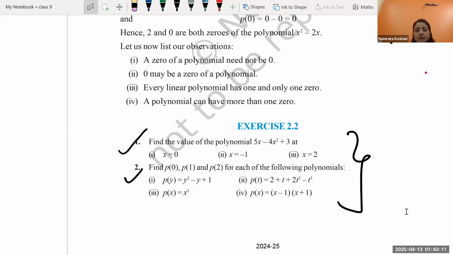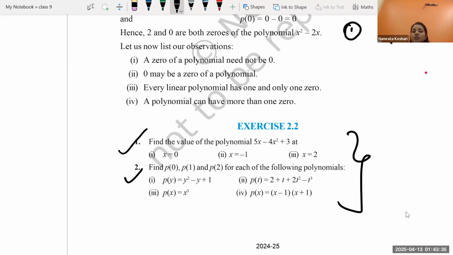Find P0, P1, P2 for each of the following polynomials. Will you be able to do the calculation? Yes, ma'am. Let's do it. Okay, then I'll be taking zeros of the polynomial. Otherwise, since you are learning everything for the very first time, let's practice.